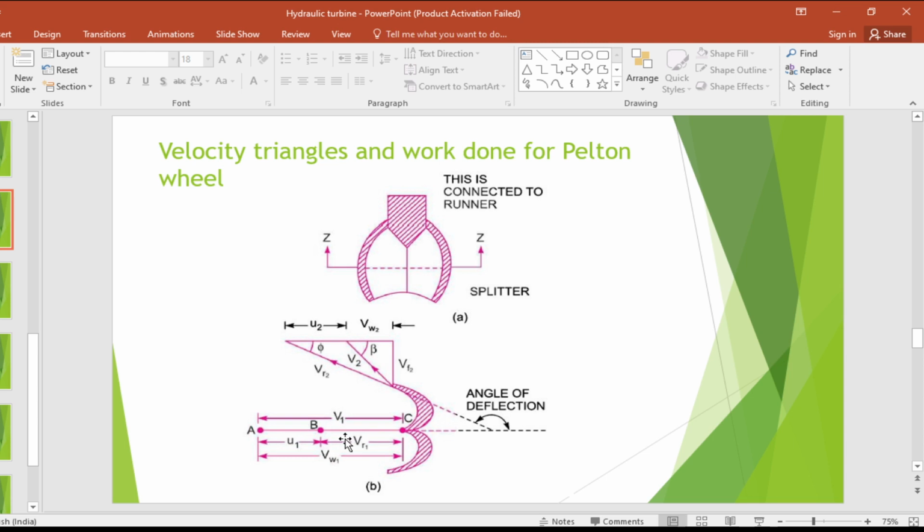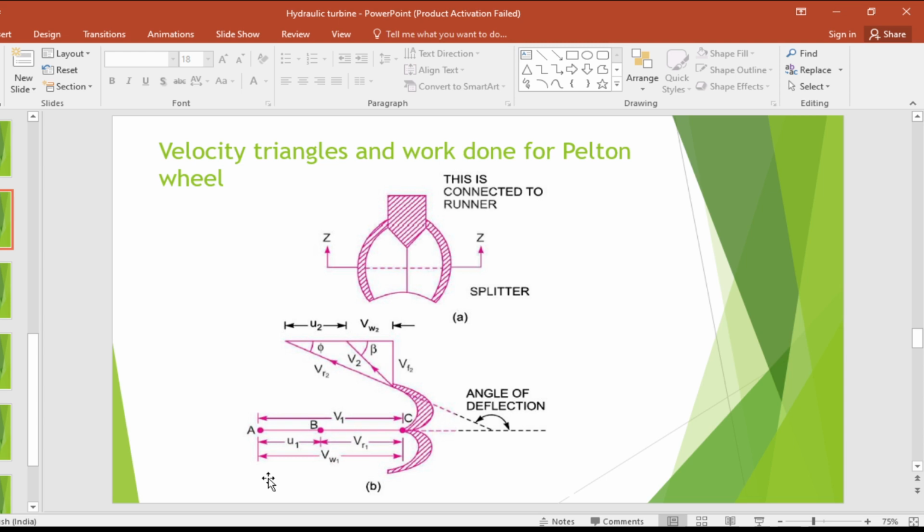In the same manner we have to draw the velocity triangles for this also. Here v1 will be the velocity of jet at inlet, u1 will be the velocity of plate or velocity of vane.